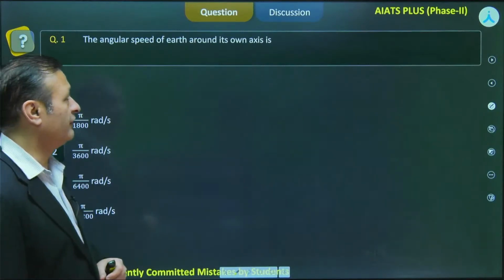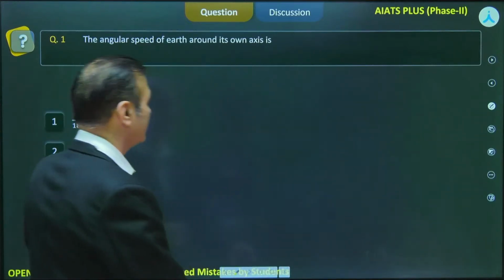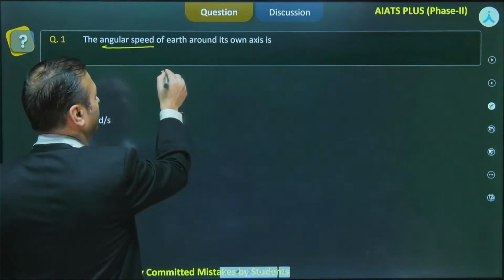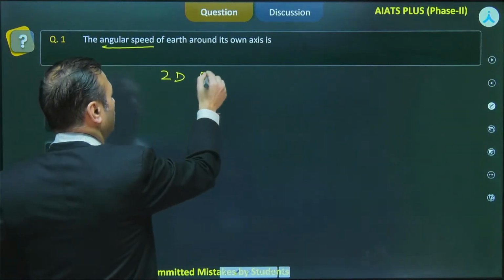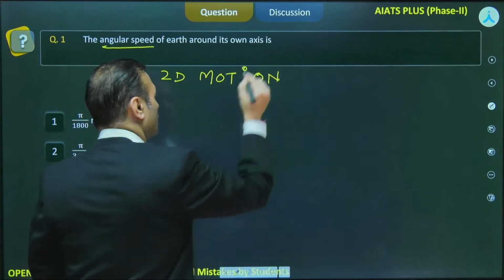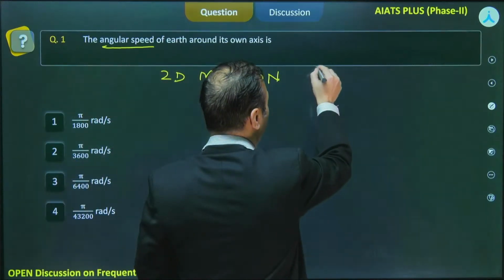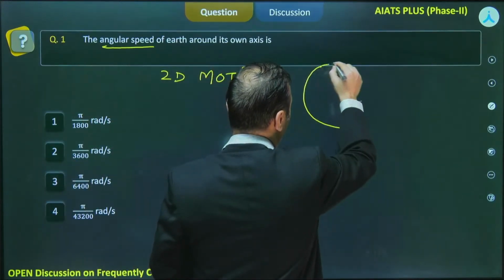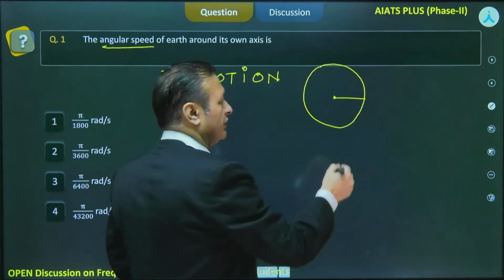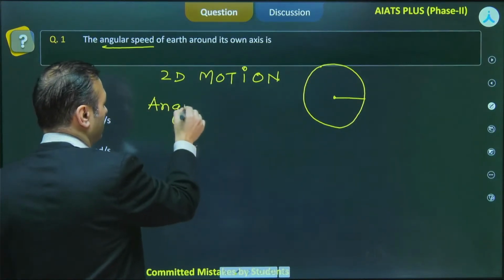The angular speed of Earth around its own axis is. So first we understand this angular speed. Basically this is a part of your 2D motion. Whenever you have a circular motion, in this circular motion we have a concept of angular speed.